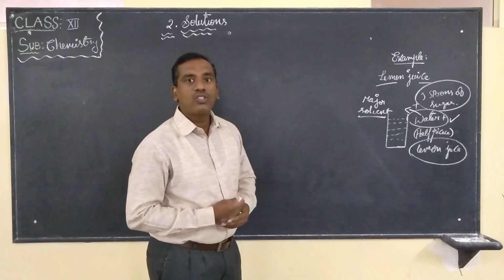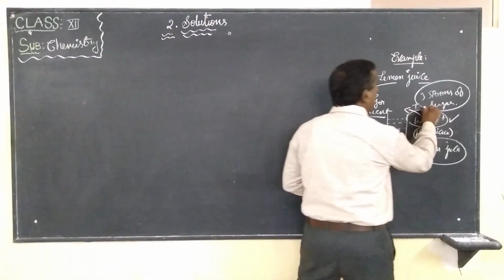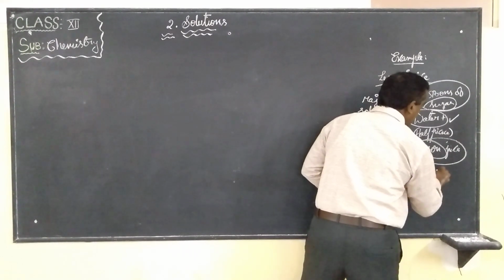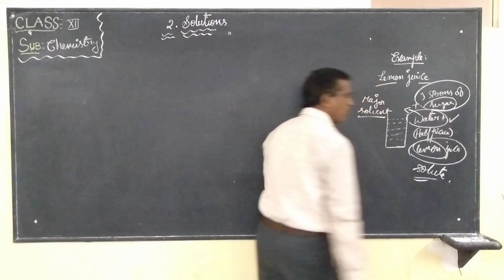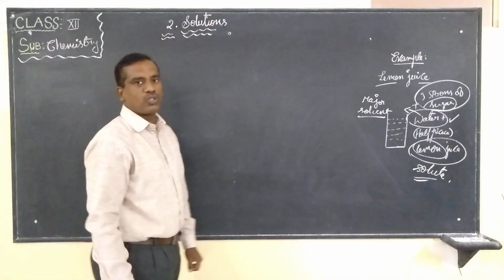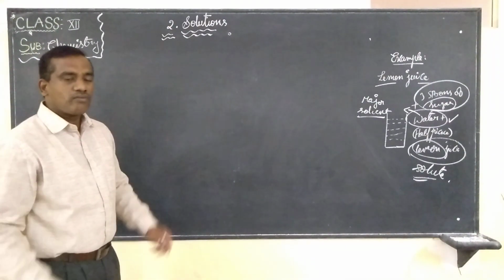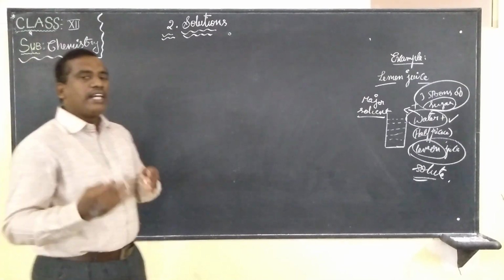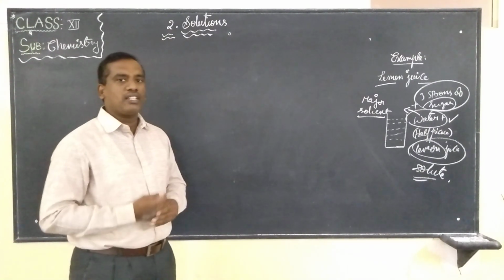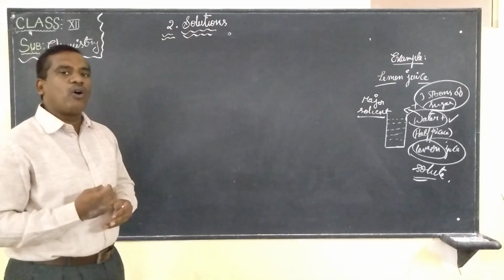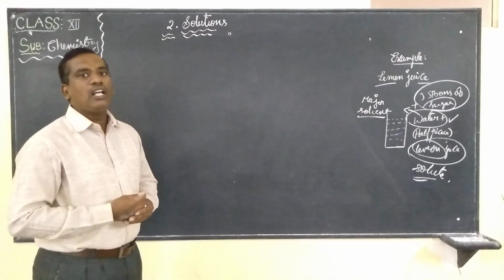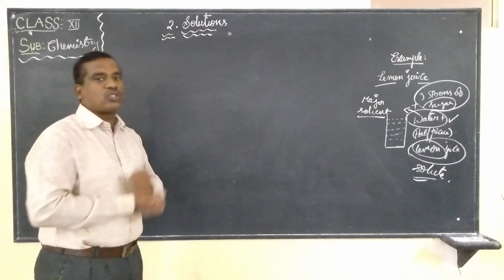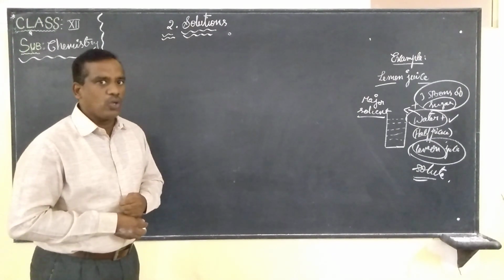The remaining minor components, that is sugar or the lemon juice, we call the solutes. In a solution there are majorly 2 parts: the major quantity, called the solvent, and the minor quantity, called the solute. When the solute is dissolved in the solvent, we get the solution.